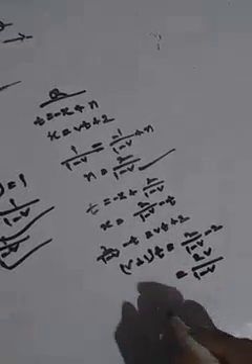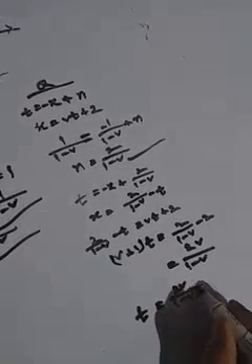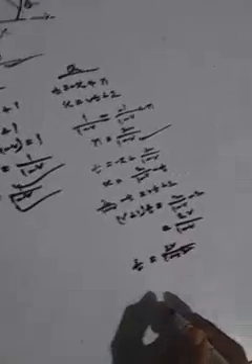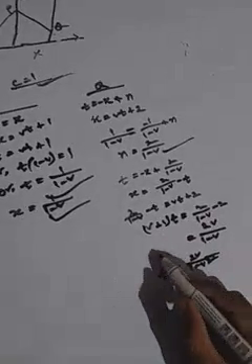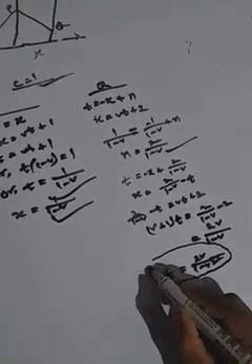Then time equals 2v by 1 minus v by 1 plus v, 1 minus v square. Okay, sorry, 1 minus v square. So this is the time.